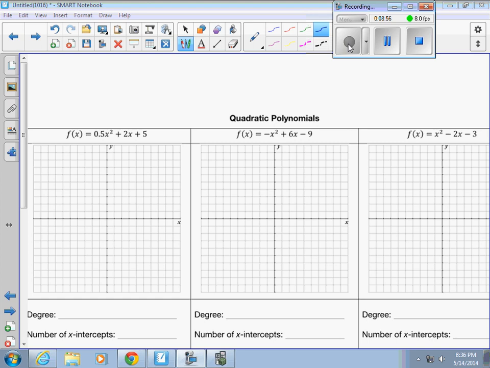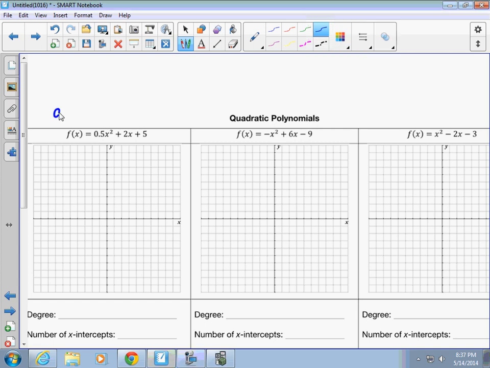Okay, so quadratic polynomials. If we want to draw this one here, we know our a is equal to 1/2, and our c value, our constant, is 5.